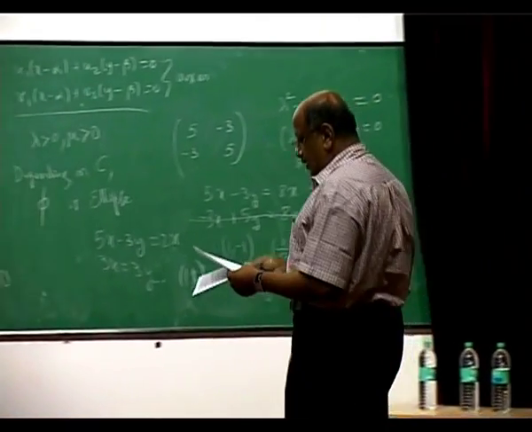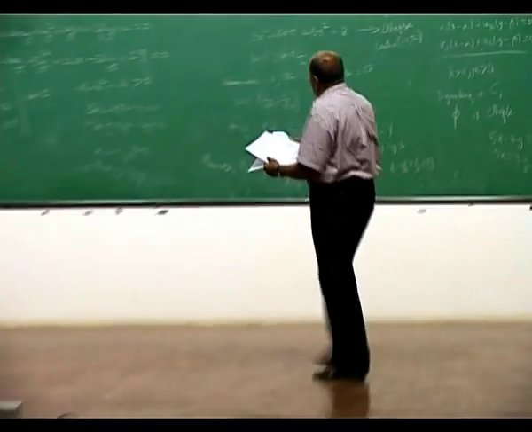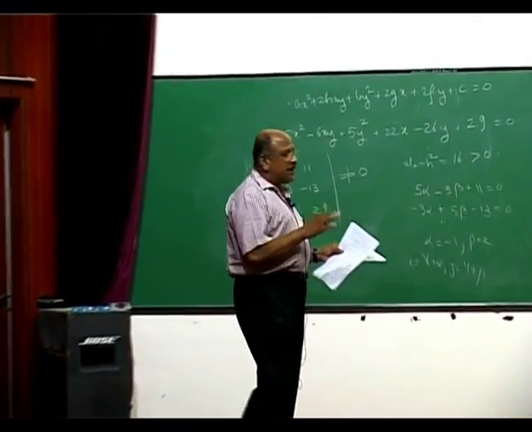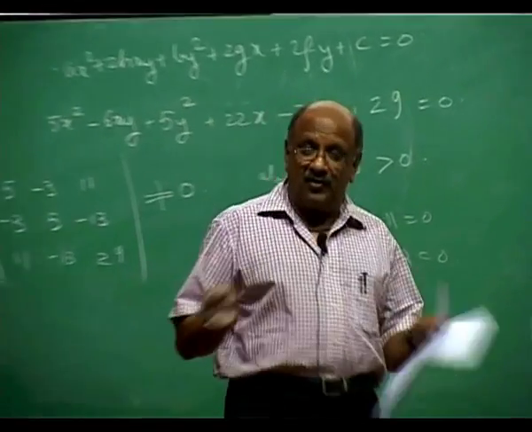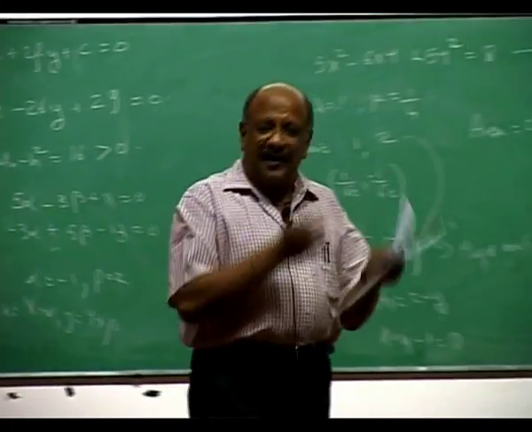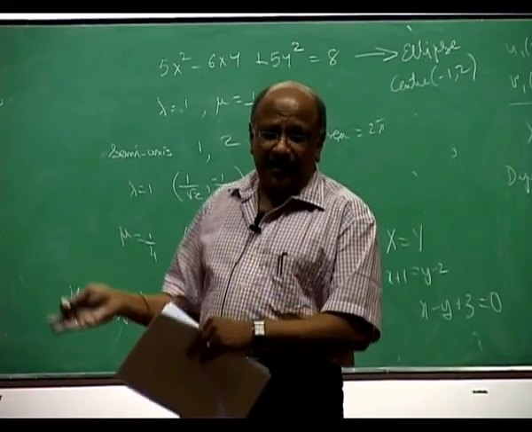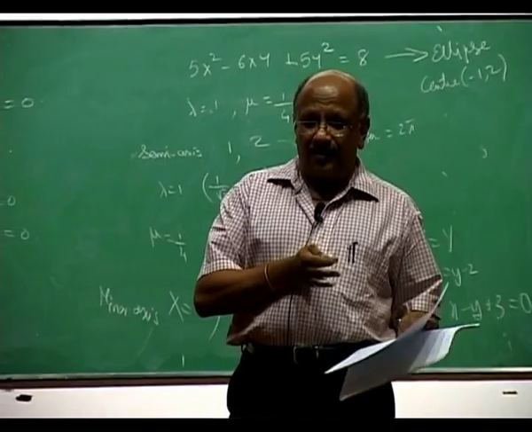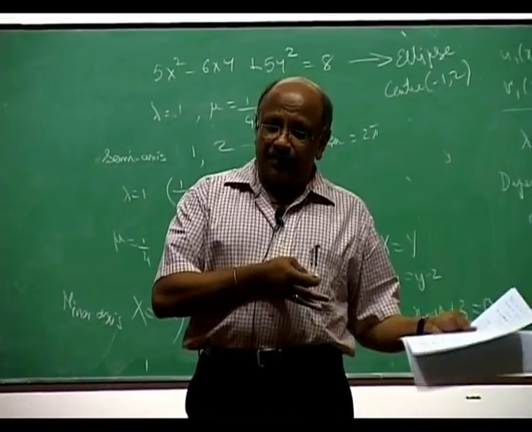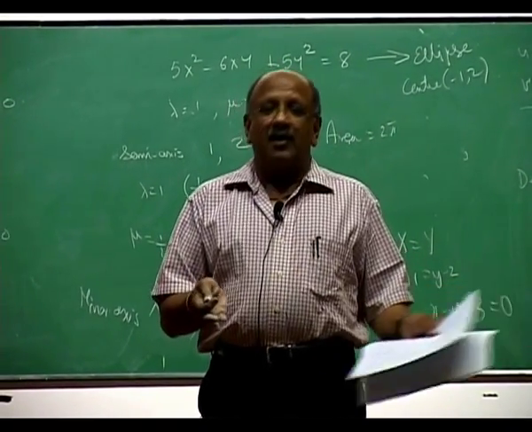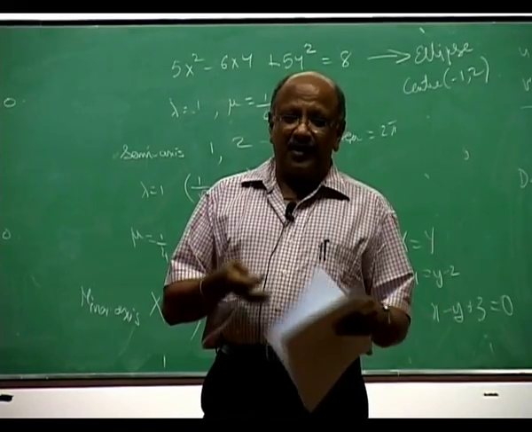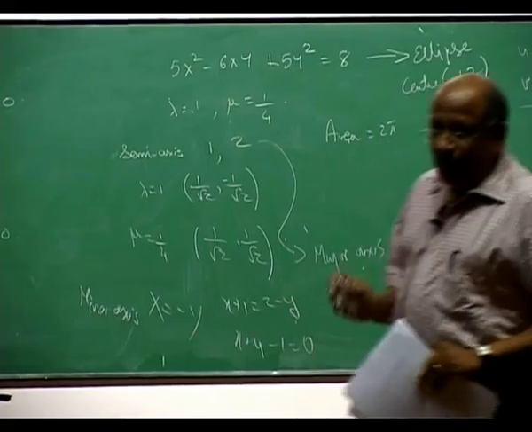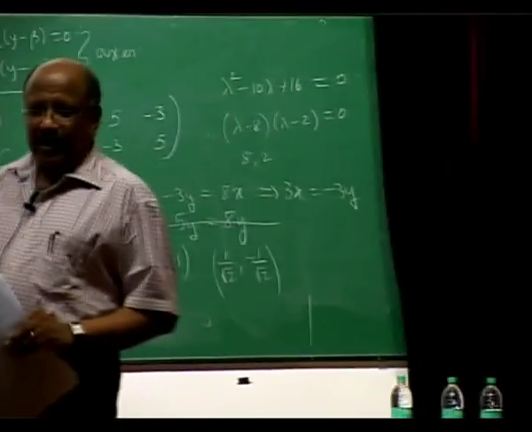Okay, fine. So this is the situation when AB minus h square is not 0, and if delta equals 0, then you got a pair of intersecting straight lines. If delta is not 0, then you got an ellipse or an empty set. Now what happens if AB minus h square equal to 0? In that case, I have run out of time now, so I will just tell you what happens.